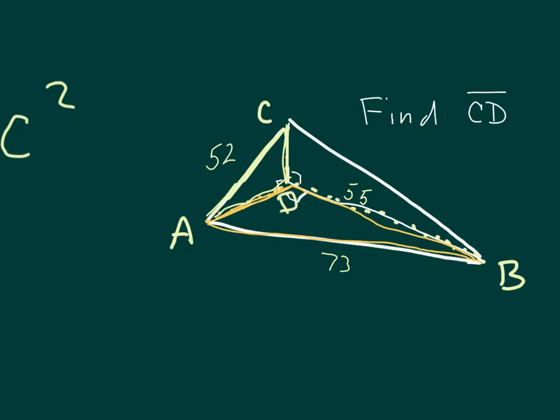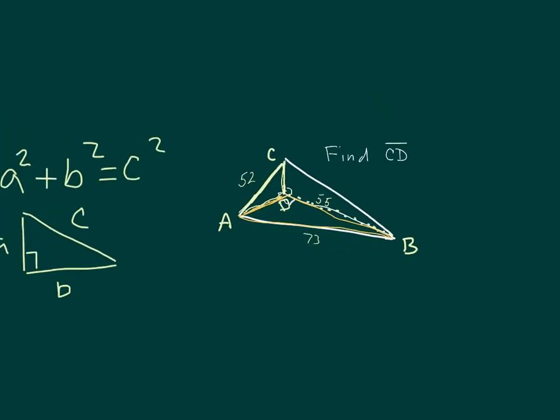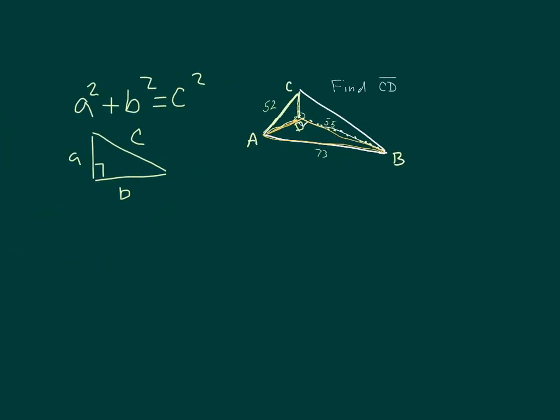Let's bring it back over here and label our A, B, and C. Our A is X, which we don't know. Our B is equal to 55 because it's one of the legs that makes the right angle.